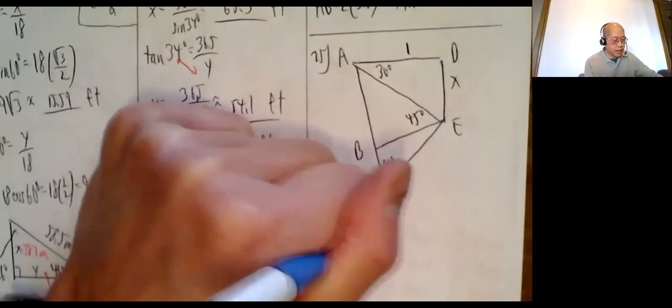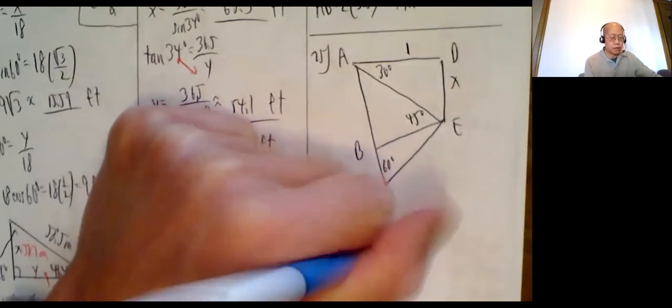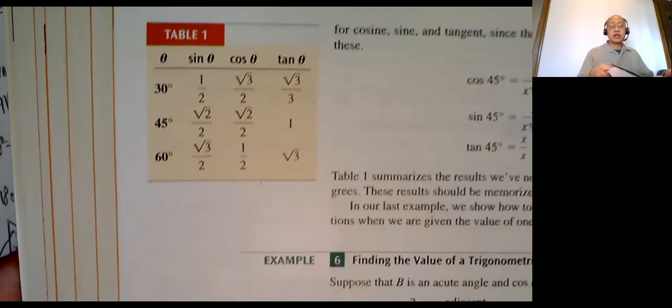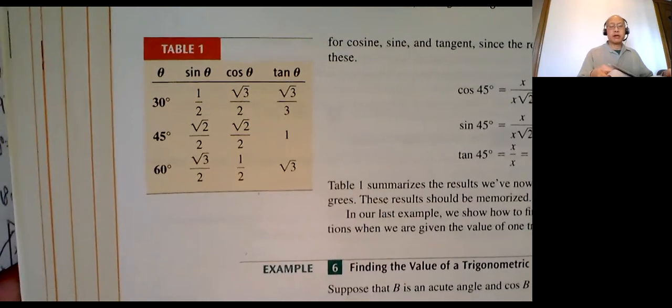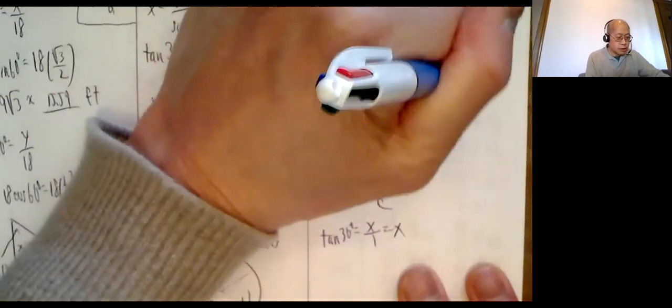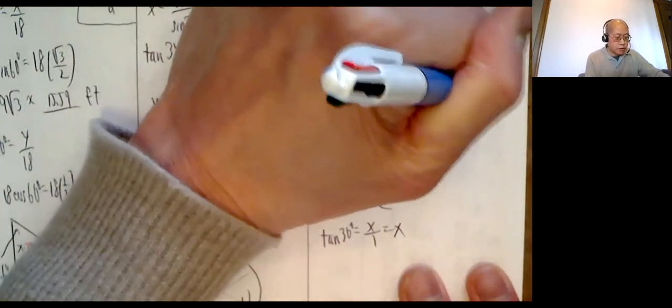Tangent 30 degrees is X over 1. Well, that's just X. Okay. They want it in radical form. So tangent of 30 from the table, tangent of 30 is radical 3 over 3. So this is radical 3 over 3.